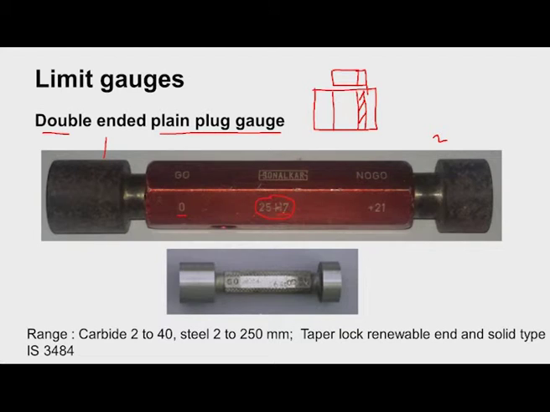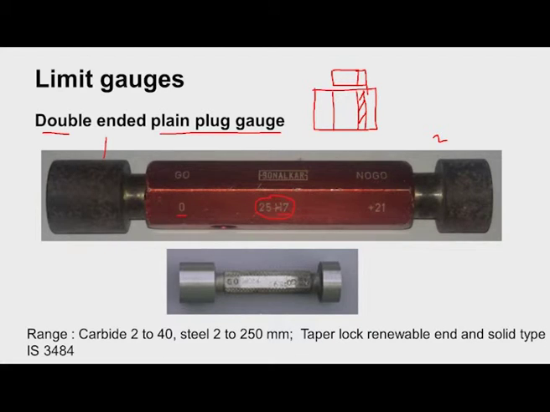Since this is H, the fundamental deviation is 0. So, the lower limit of the hole will be equal to the basic size. So, this is exactly 25 millimeter and the exact 25 millimeter is always very difficult to manufacture.